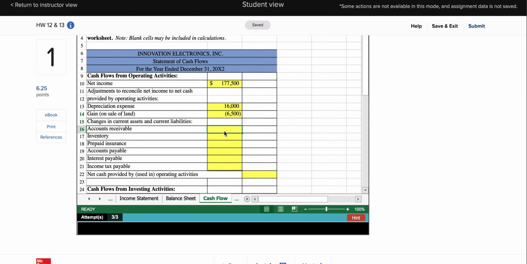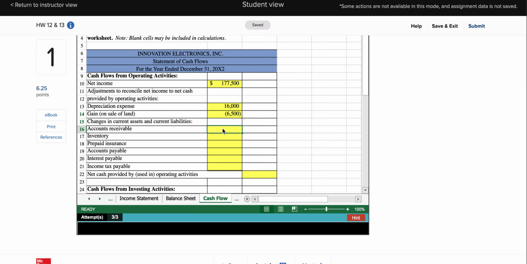When it comes to the changes in the balances of current assets and current liabilities, remember the rule: if current assets go down, this is a plus on the cash flow side. If current assets go up, it's a negative on the cash flow statement. If current liabilities increase, that is an increase for cash flow. If they decrease, that's a decrease for cash flow.